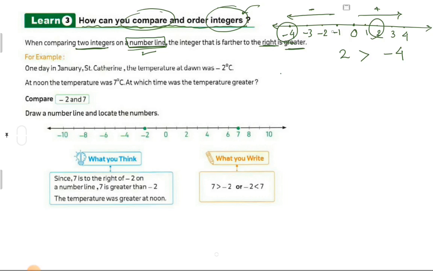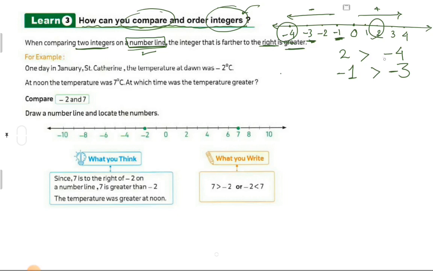And we may compare negative 1 and negative 3. We know that negative 1 is on the right, negative 3 is on the left. So negative 1 is greater than negative 3.